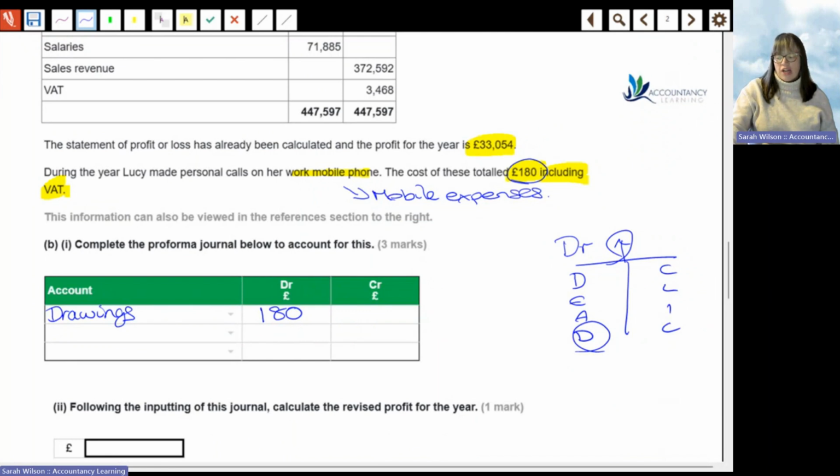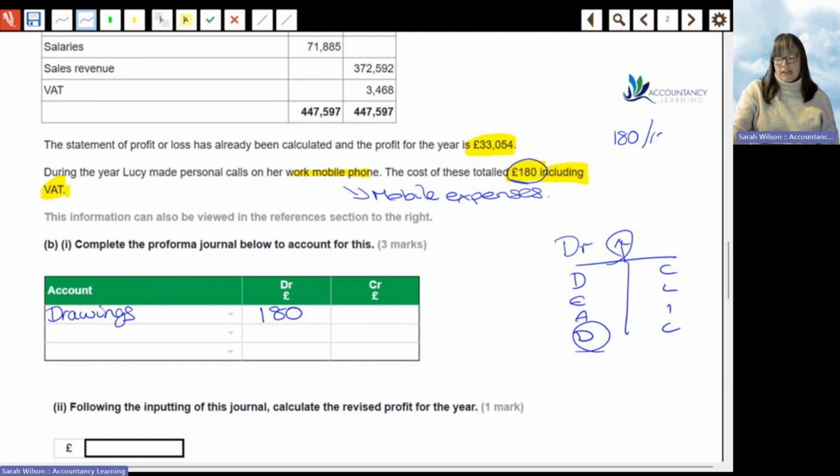So we've had £180, including VAT, of mobile expenses within the business profit and loss. So we then need to work out how to then reduce it. So 180 is the gross amount.